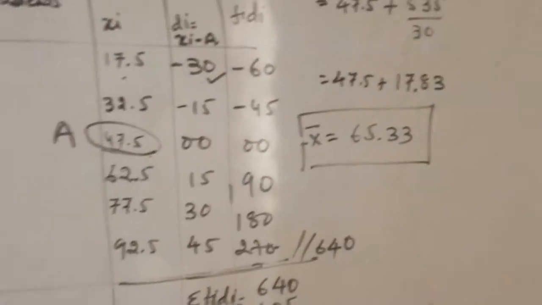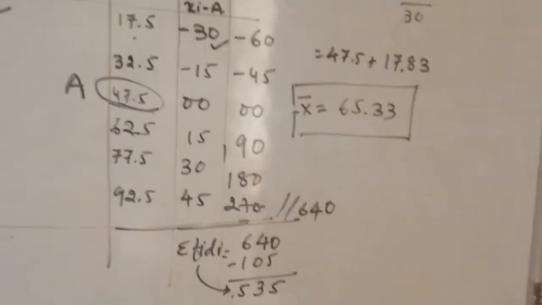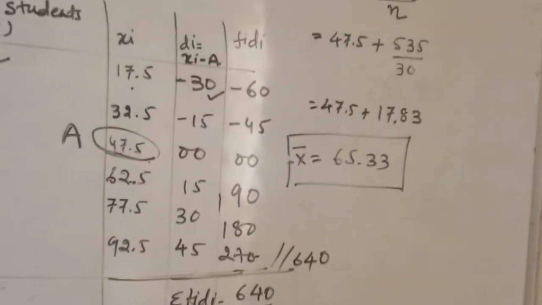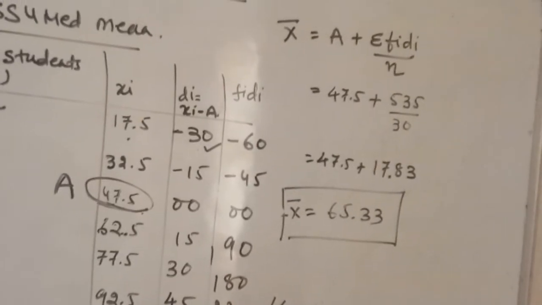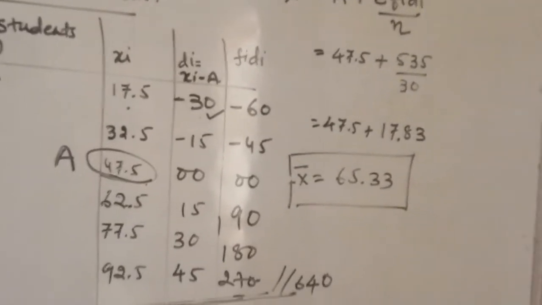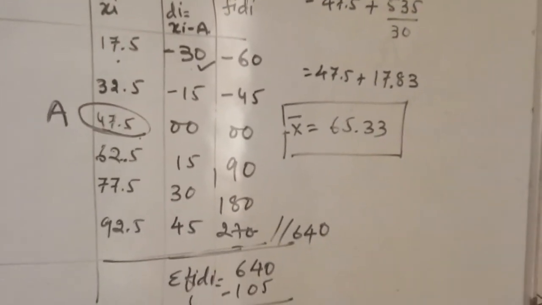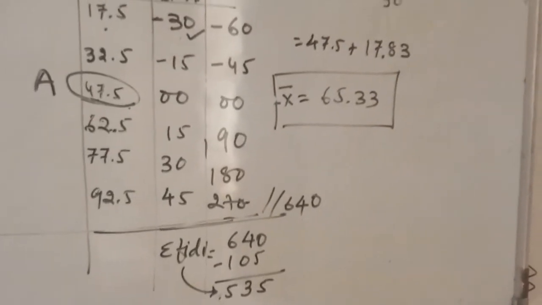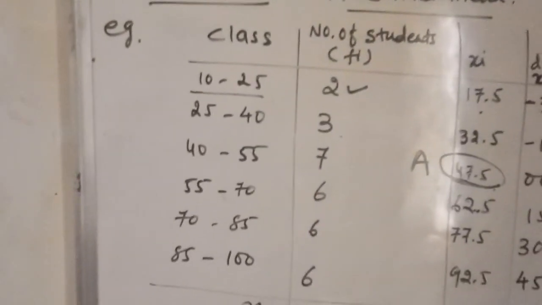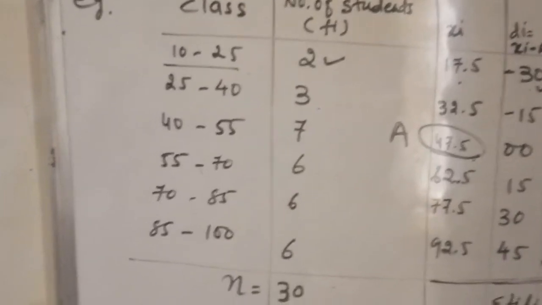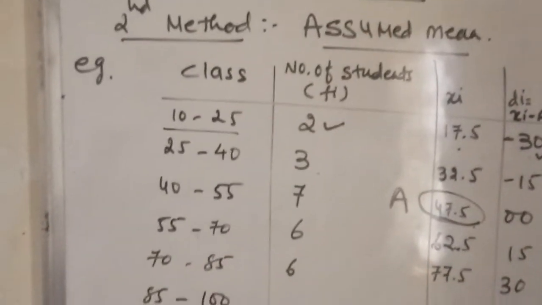This is a calculative part. And this is the question part. Class and FI both are given. Okay. So this is, we can say, it is a assumed mean process or method.